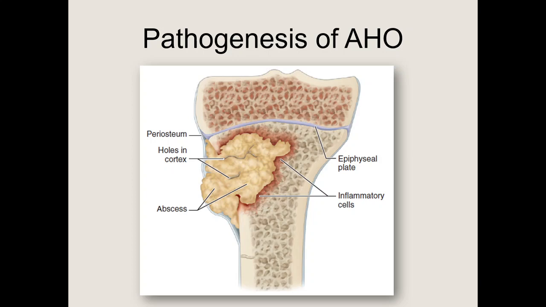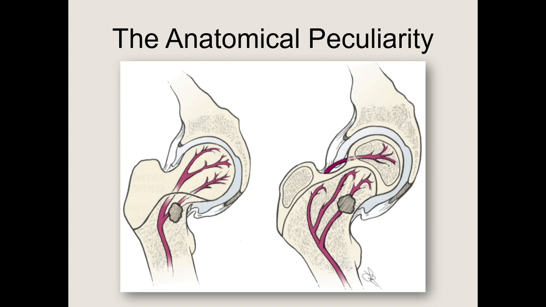And therefore, as a student, if you can understand this concept of decompressing or evacuating the pus from underneath the periosteum and from inside the metaphysis, so you will not understand the emergency or the importance of this situation unless you understand the pathogenesis. Now coming to some anatomical peculiarities in some areas.